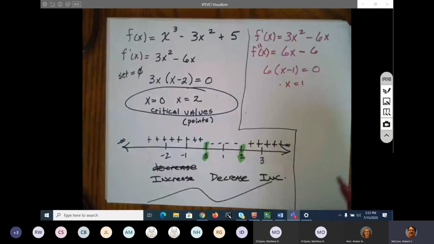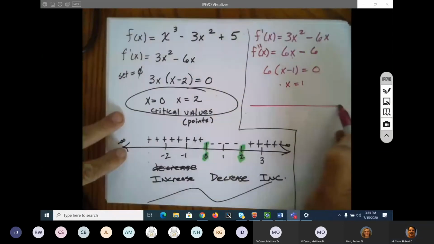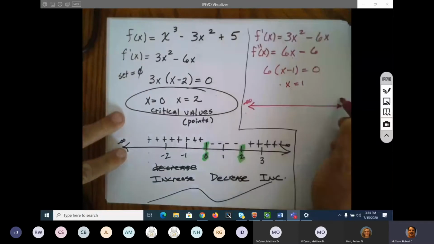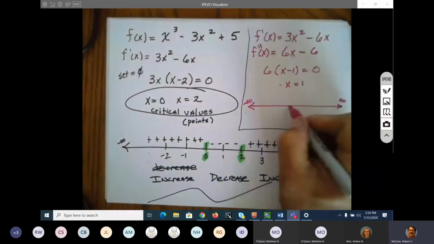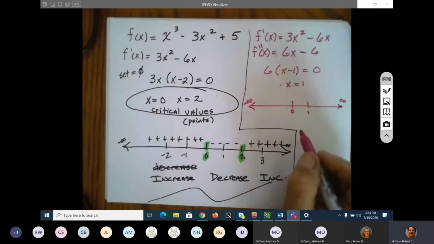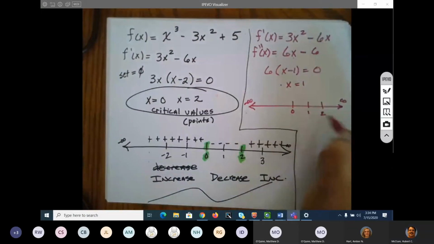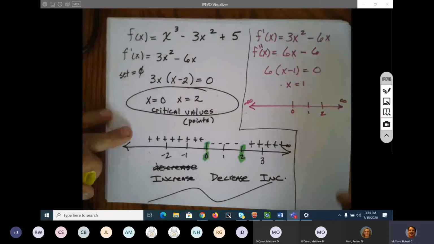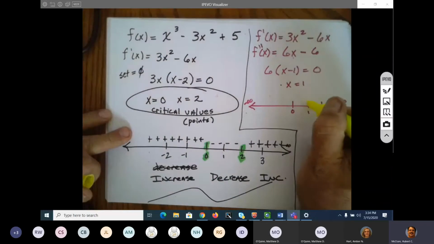So I'm going to draw a number line. Negative infinity, positive infinity, 0, 1. So 1 is our, I can't use that. I'll have to use yellow because magenta and red won't go together. 1 is our critical value.